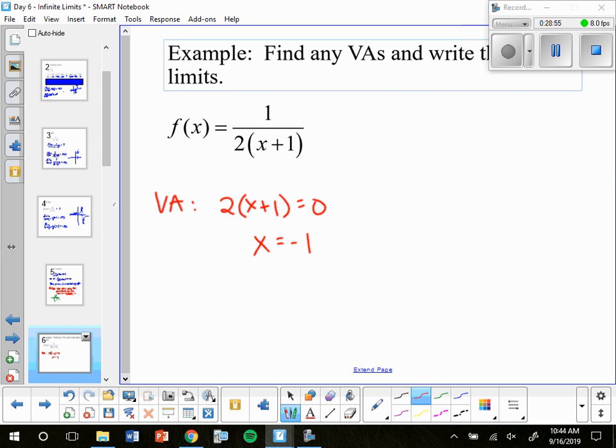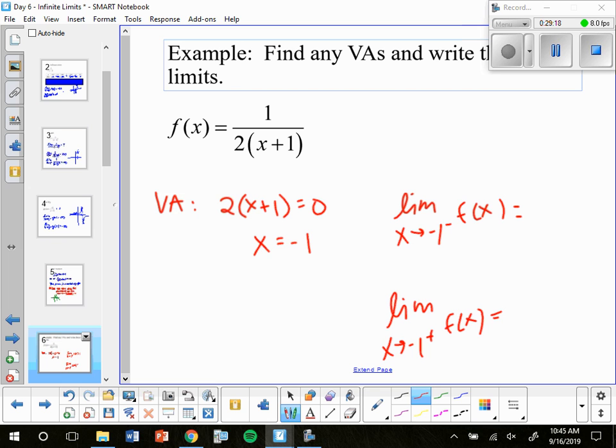I want to describe it in terms of limits, so figure out if I'm going positive or negative infinity from which direction. So how many limits am I going to need to do? 2. I'm going to need to look at the limit as x goes to -1 from the left, and the limit as x goes to -1 from the right.